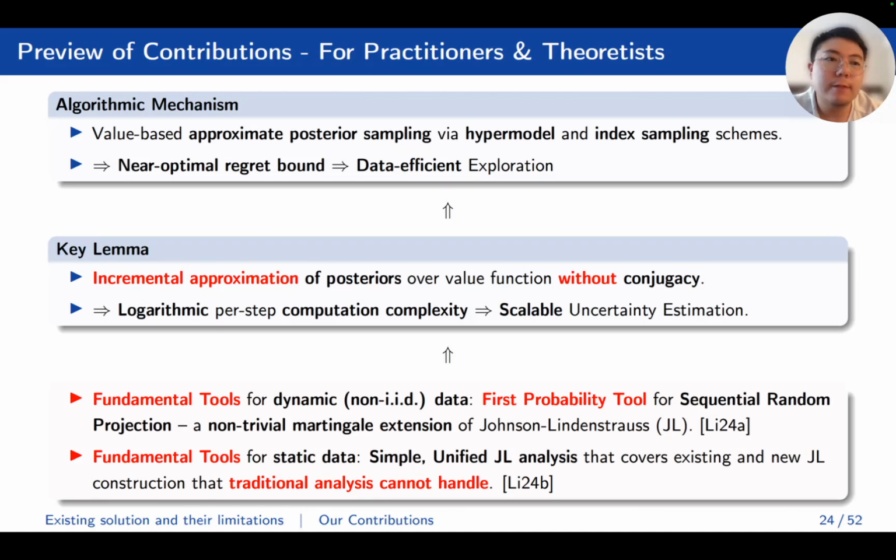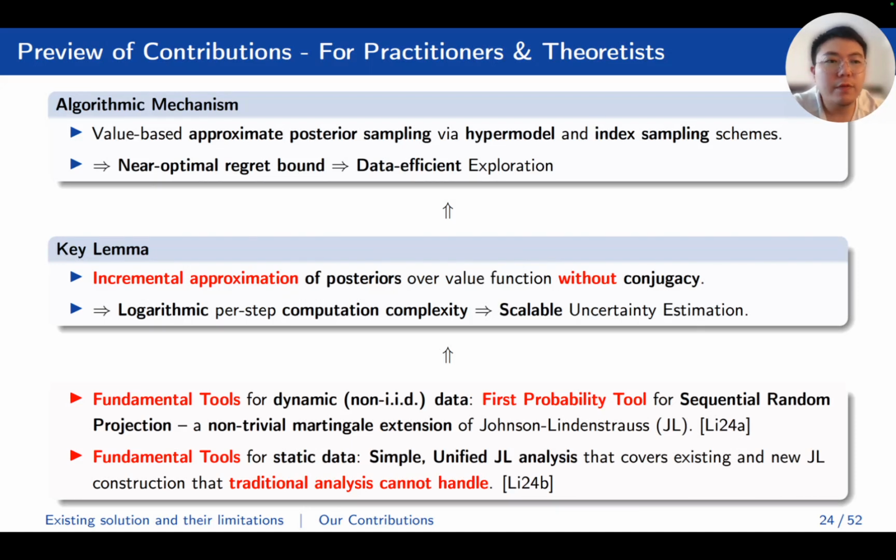So it is a scalable way to do uncertainty estimation in terms of the Bayesian view of uncertainty, that is, the posterior update. To prove this key lemma, we provide fundamentally novel tools for dealing with non-IID data, which is inherently the nature of sequential decision making.